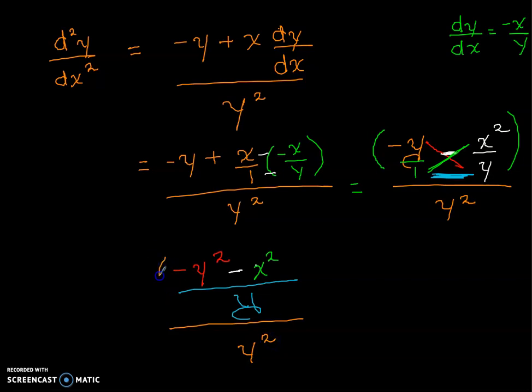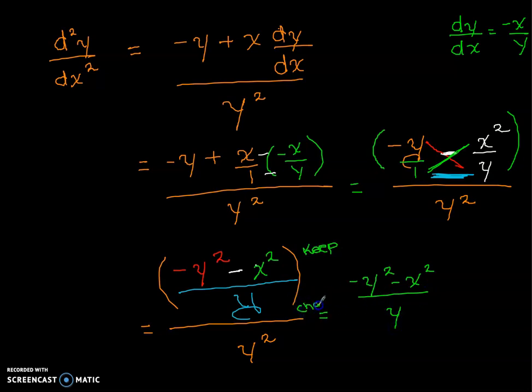So I still have my fraction over a fraction, but once you simplify it by adding and subtracting, whatever needs to be done, now you can actually divide the fraction by applying keep, change, flip. So that means we keep the first fraction, which is negative y squared minus x squared over y.